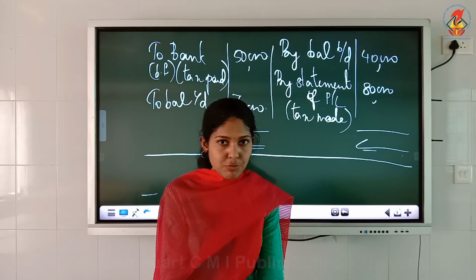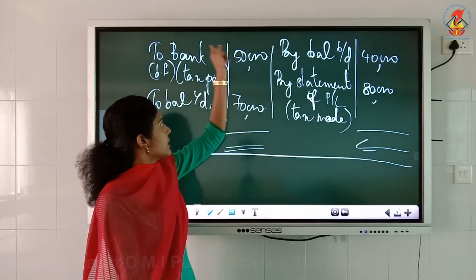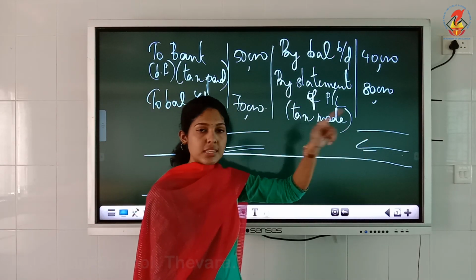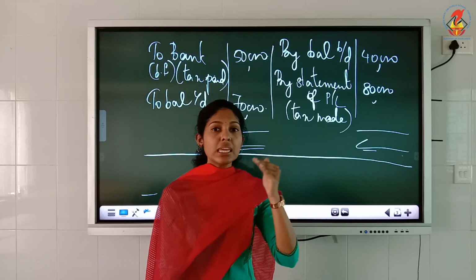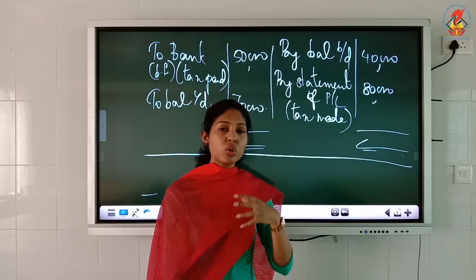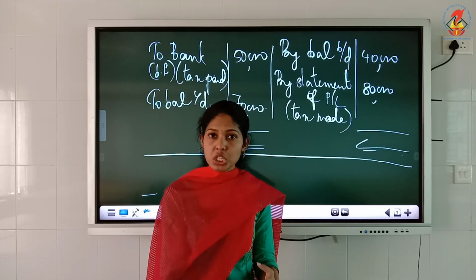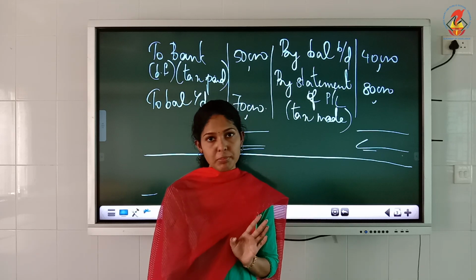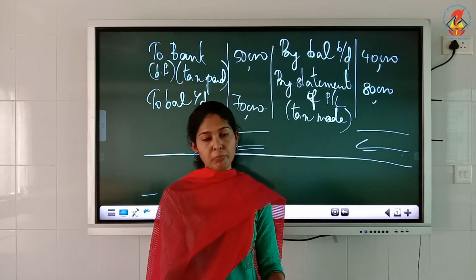Now when you do the cash flow statement, where should we take these two figures? See, tax made means the provision for tax for the current year. What should we do with it? We should add it to the net profit. It is there in your format because it is something that reduces your profit.